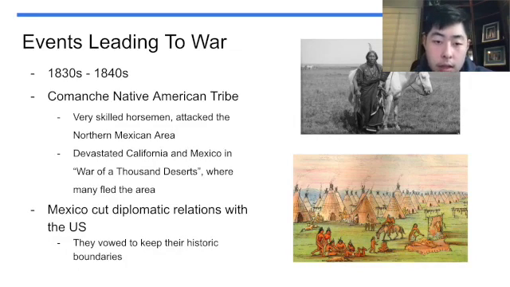As a result, these northern Mexican territories, which today includes the state of California and New Mexico, were not only decimated, but also abandoned in what history has come to call the War of 1,000 Deserts. Mexico, however, still vowed to protect its borders, and so, when Texas left to join the Union, Mexico had had enough and suspended its ties with the U.S.